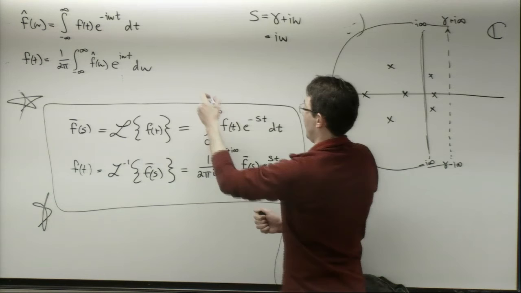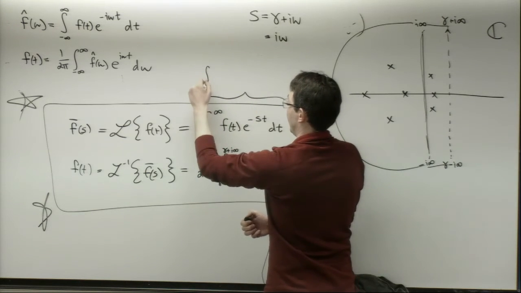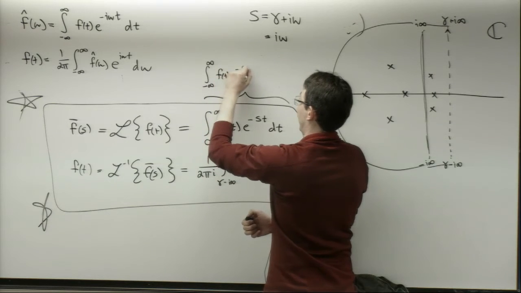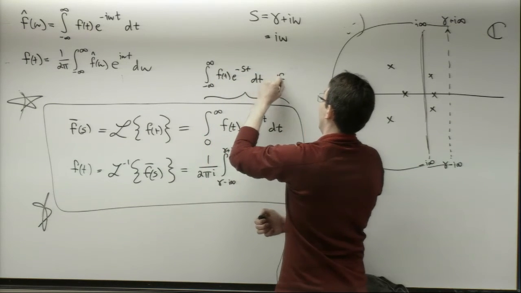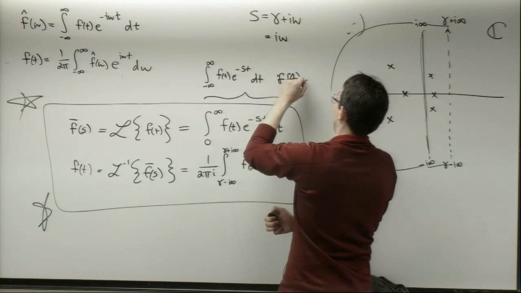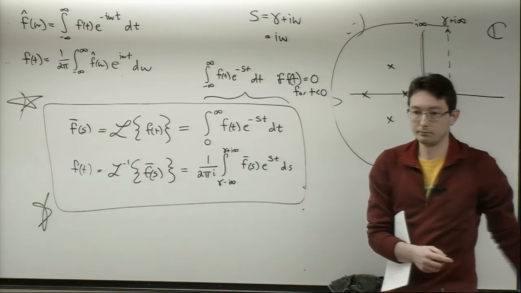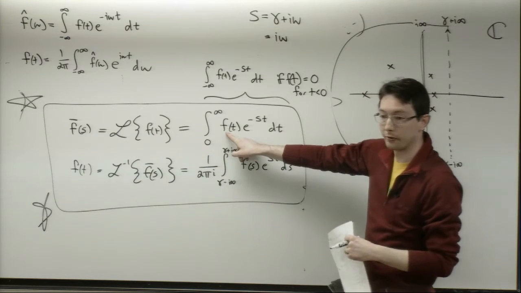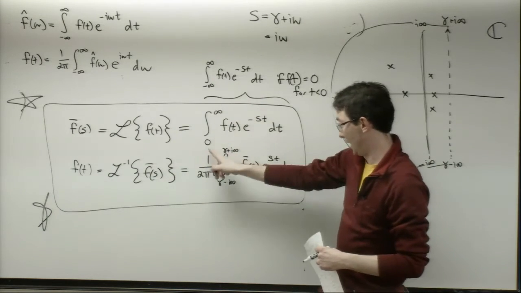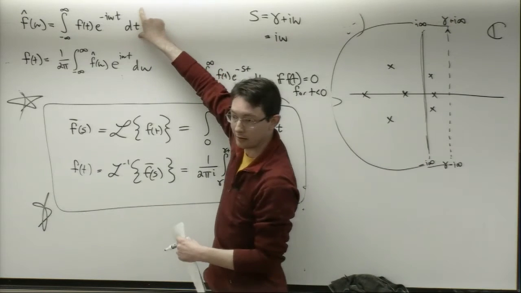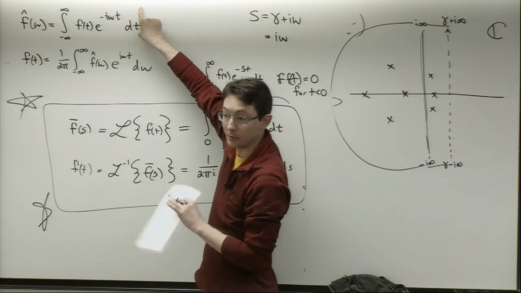So this is actually equal to the integral from minus infinity to infinity of f of t e to the minus st dt if f of t is equal to 0 for negative time. Right? If this function is 0 for negative time, then I can make this negative infinity to infinity. And this looks exactly like the Fourier transform if my function was already well behaved.